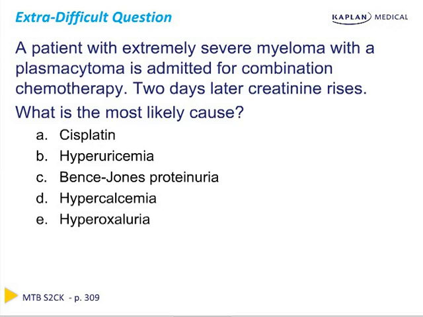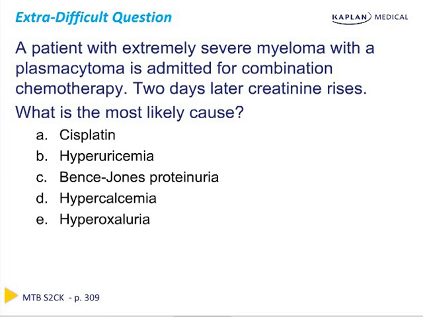So this question's tricky. Like the previous question, this patient has multiple exposures to multiple things that could cause acute kidney injury. So what do you do when you have multiple answer choices that could cause AKI? Well, you go back, you look in the clinical vignette, and you hunt for clues as to timing.